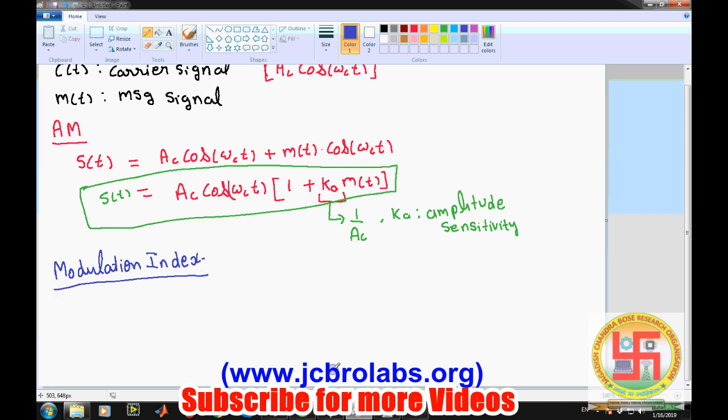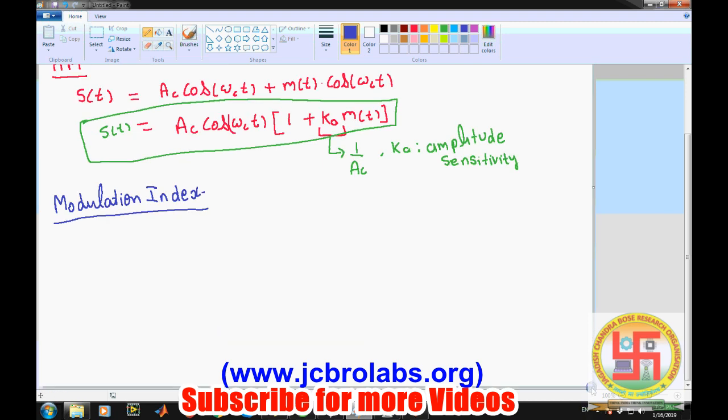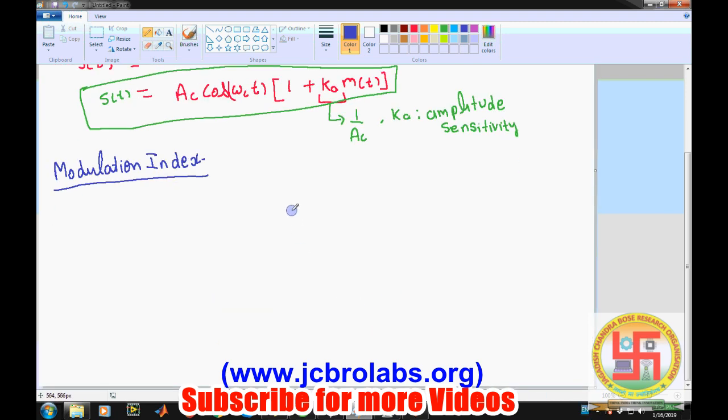That means it determines how much modulation has been done for the carrier wave by the message signal. We can represent it as either Ma or Mi.